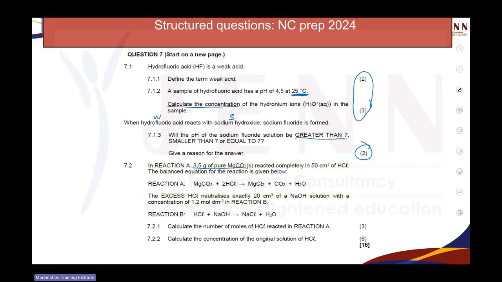So for this alone, we are able to calculate the number of moles. Okay. And then reacted completely, that's titration, with 50 of hydrochloric acid. Okay. And then they say the excess HCl.